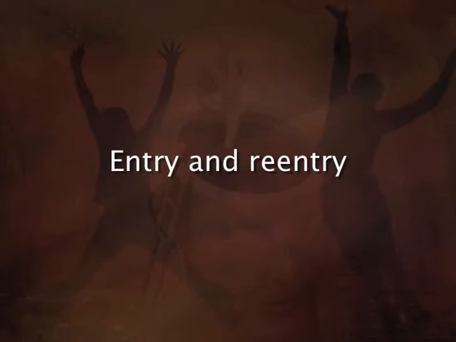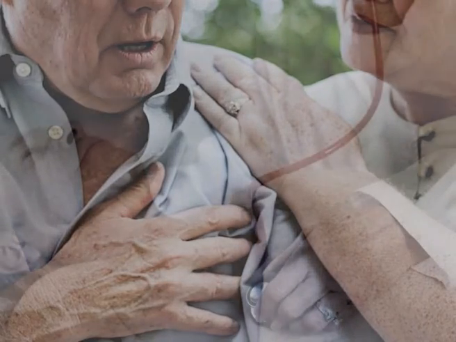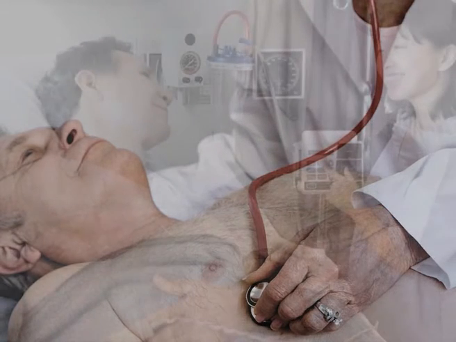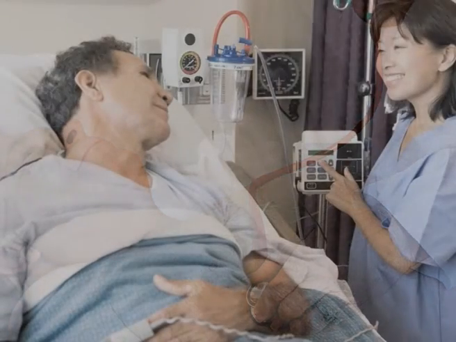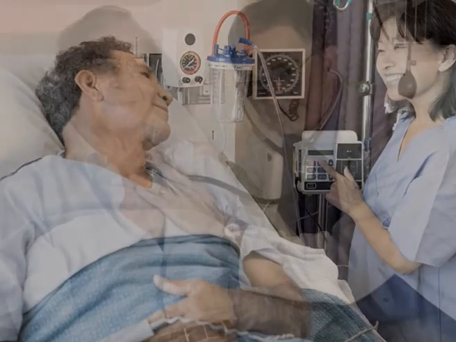But the third type of dying trajectory is the entry and re-entry dying trajectory, where for example people suffering from heart attack, they suddenly get this heart attack and are admitted to the hospital and their functioning level becomes very low. But because of medical intervention, after some time of treatment, their functioning level is improved, they become okay, and then they leave the hospital.